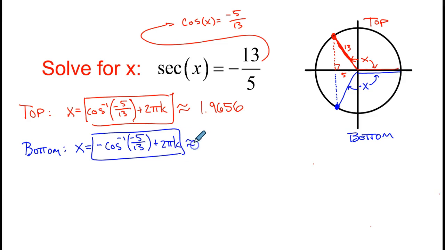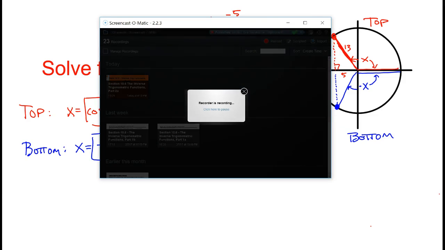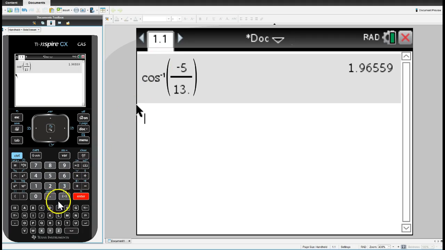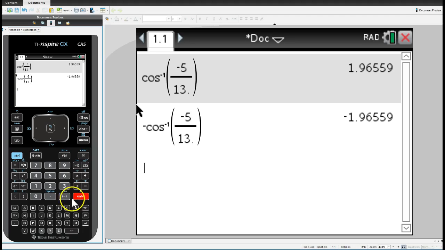So let's figure out an approximate value for this. I'll go back to the calculator. Now I want the negative, the opposite of that, and that's going to give me negative 1.96559, which is just the opposite of what we had before. But we were told that we want our answers to be between 0 and 2 pi.